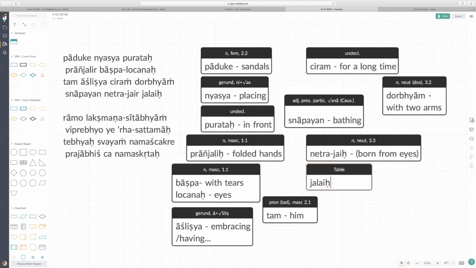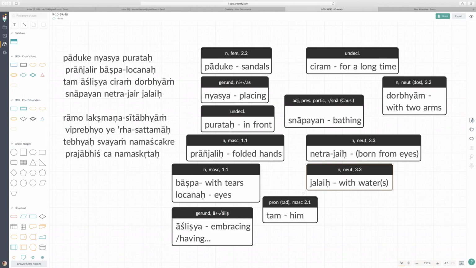And jalaihi, here's the main noun. So we repeat the same noun. Neuter 3. Jalaihi. So jala is water. Jalaihi, with waters. In Sanskrit, even though it's an uncountable noun in English, or sometimes it can be counted actually, like waters of rivers when you think about different types of water.